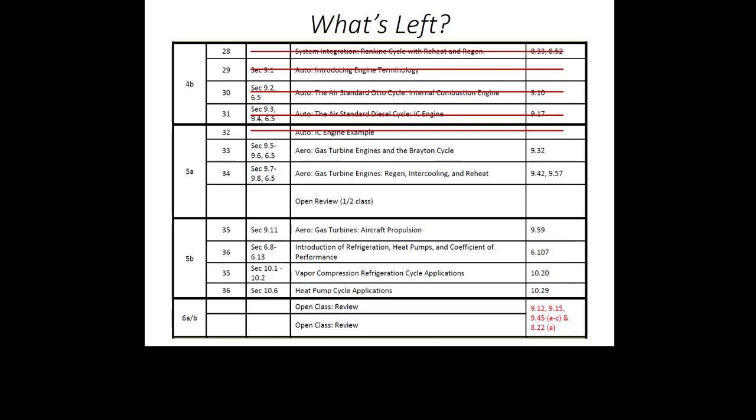On Thursday, we'll introduce this idea of using the same Brayton power plant, but in an aeroplane. Basically, how do we make a jet engine, or at least a type of engine called a turbojet engine? Then we'll get into heat pumps and refrigerators. I think we will finish with new material on Thursday, and then next week, which is the last week of the class, we'll have 2 open classes.